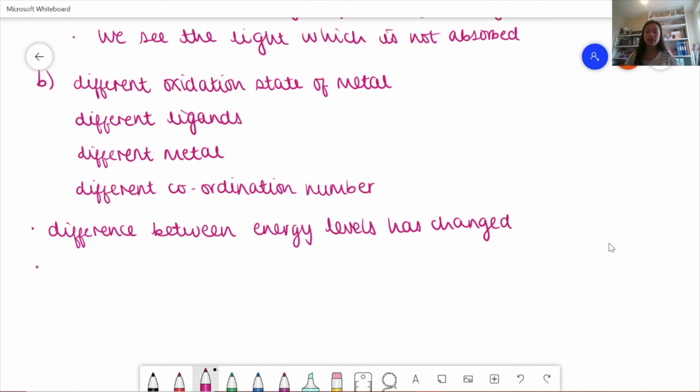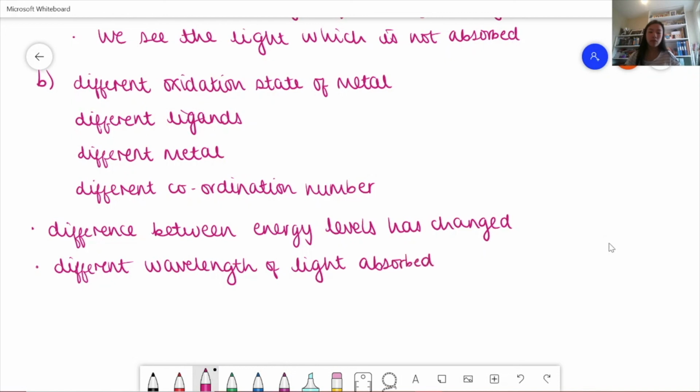And this means that different wavelengths of light are absorbed, and this leads to a different colour seen.